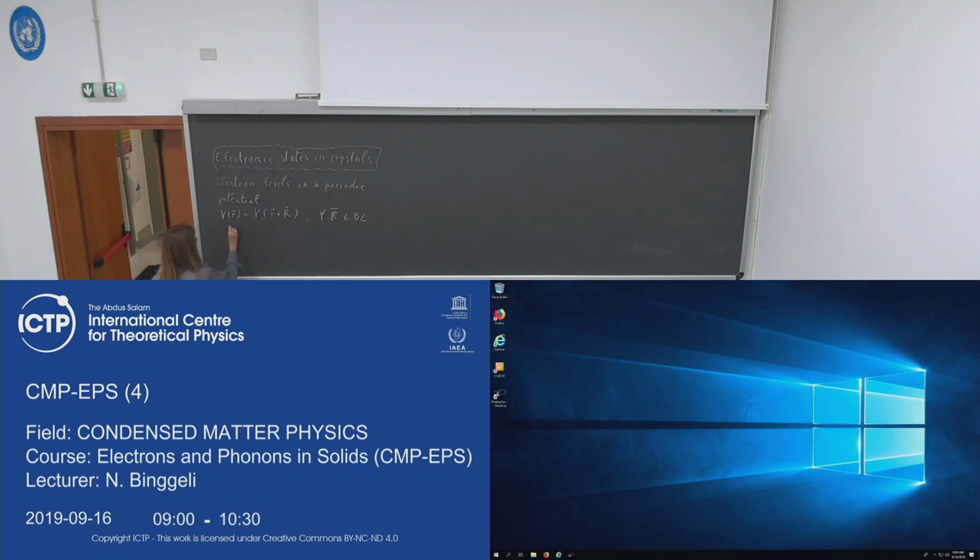So I consider a periodic arrangement of nuclei. Here I consider that it's a simple Bravais lattice, and on each point of the Bravais lattice I consider that I have a nucleus.